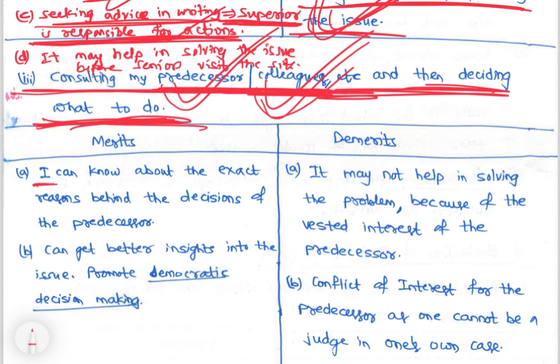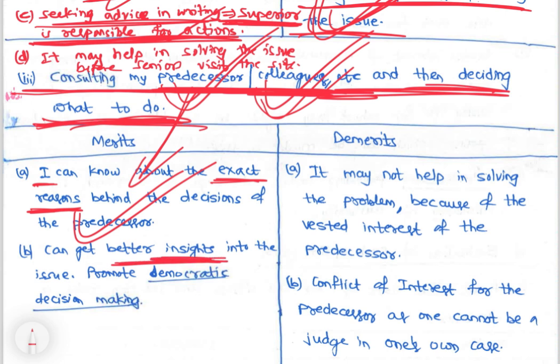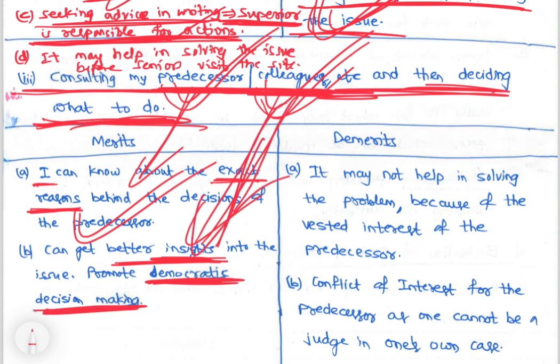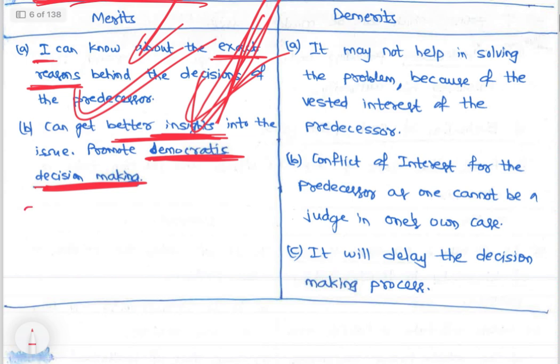That is you can know about the exact reasons behind the decisions of the predecessor, because the predecessor will explain to you. Then you can get better insights into the issue, and promote democratic decision making. So you are involving colleagues, right? You will get better insights, right? Then it helps in democratic decision making. You are involving colleagues also in decision making. That option C, which is not mentioned here, that merit is improve work culture of organization.